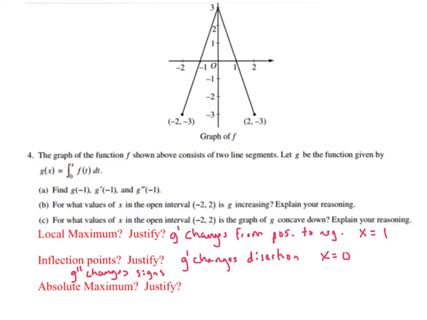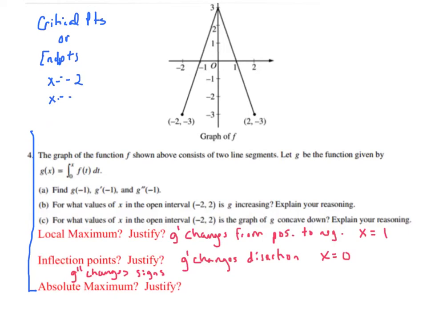Okay. All right, finally, the absolute maximum. Well, I'm going to do this one up top here because it's going to take a little more work. Maximums occur at critical points or endpoints. Okay, so here's what we need to check. We'd need to check -2. We'd need to check -1.